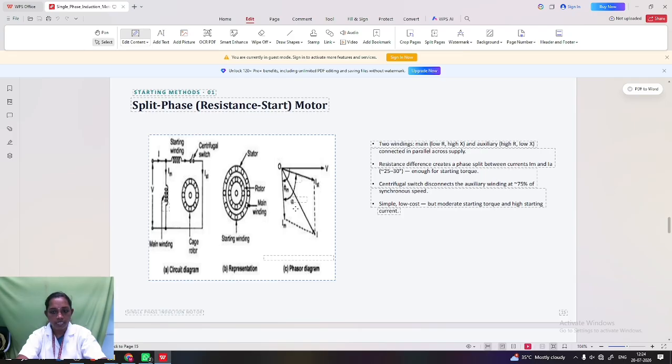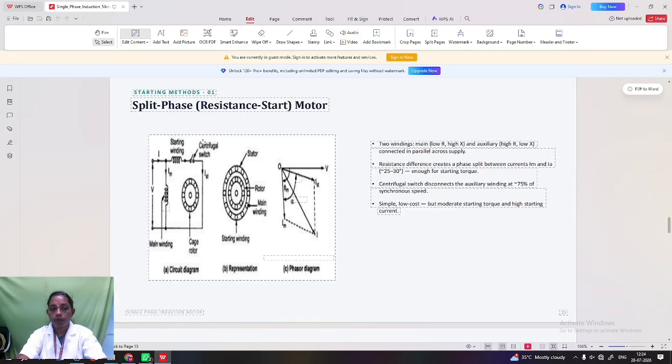Once the motor starts rotating, it continues rotating with the help of the arrangement. When the motor reaches 75% of the synchronous speed, the centrifugal switch disconnects the auxiliary winding. So the auxiliary winding is present only at the starting time.